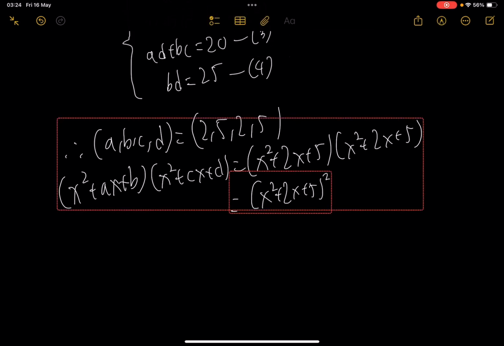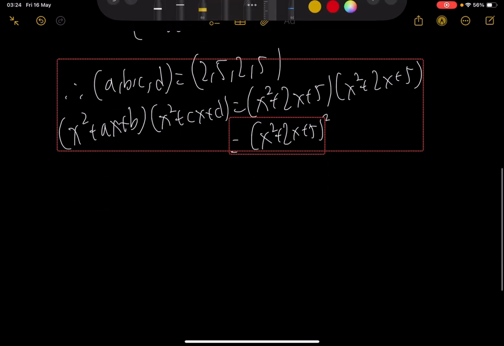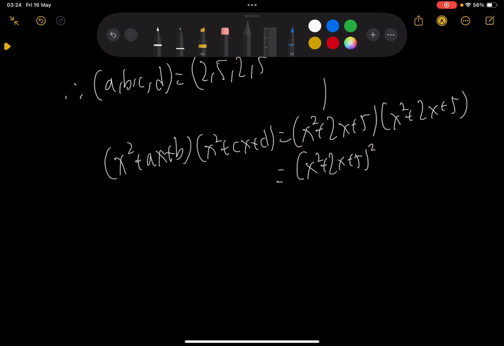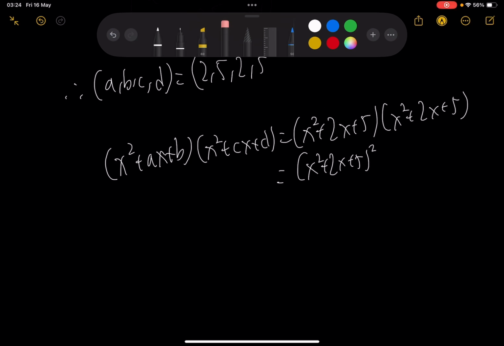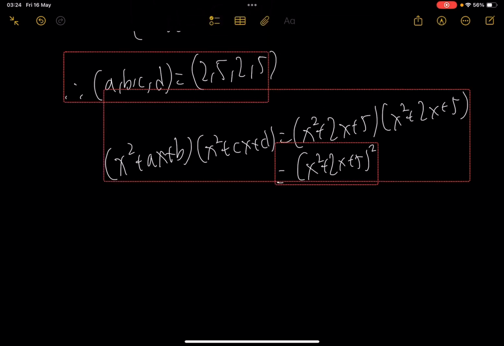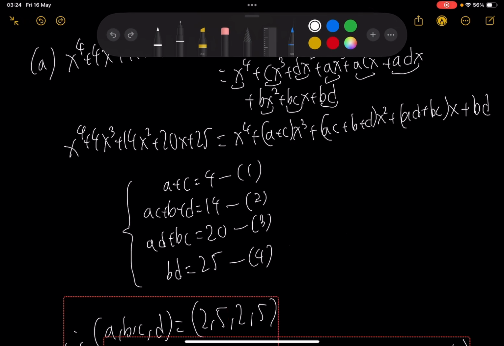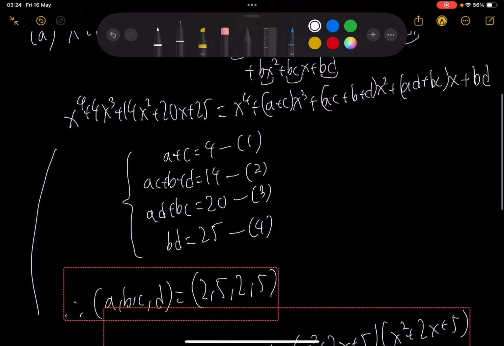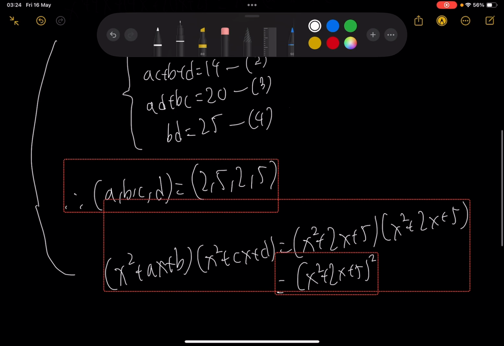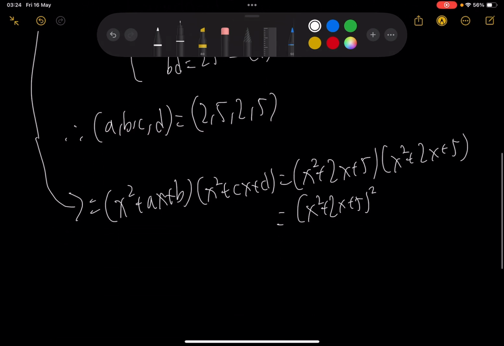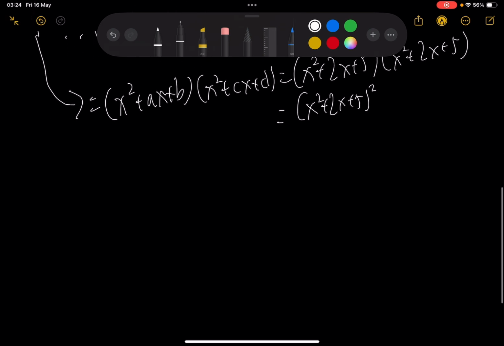And therefore we just proved it. Because I'm lazy, I'm not going to write it all out. Just write this thing is equal to that, which is equal to this thing squared. We just proved it.